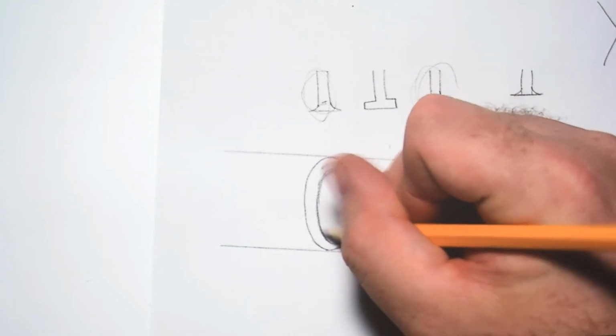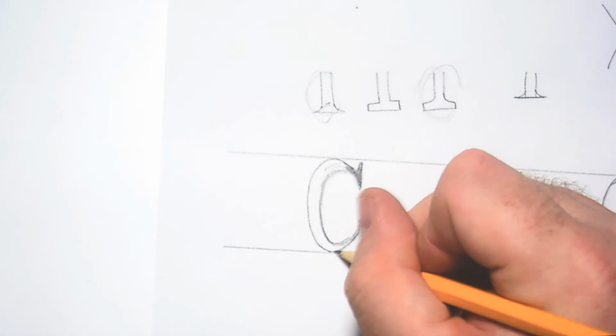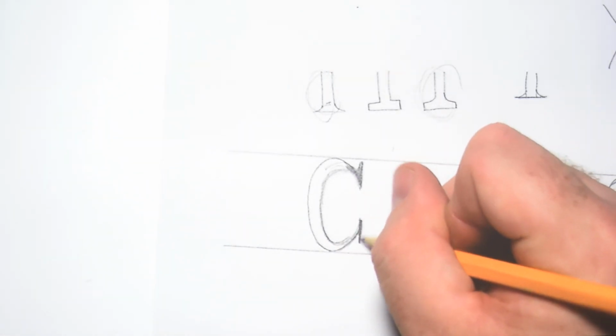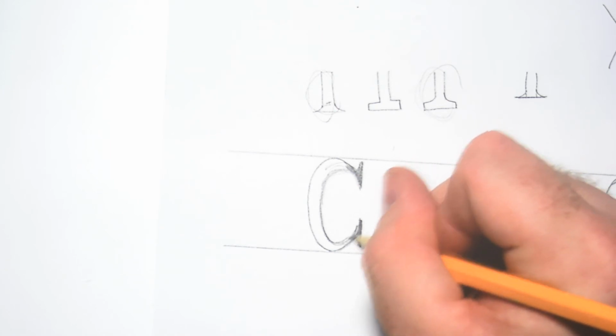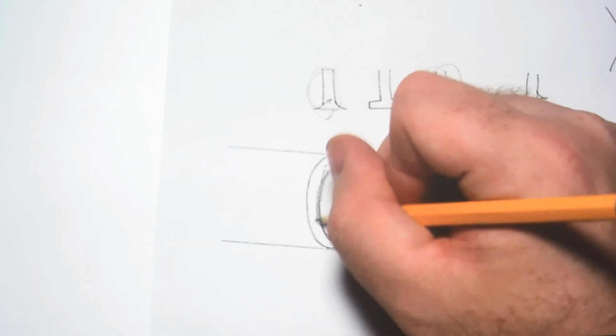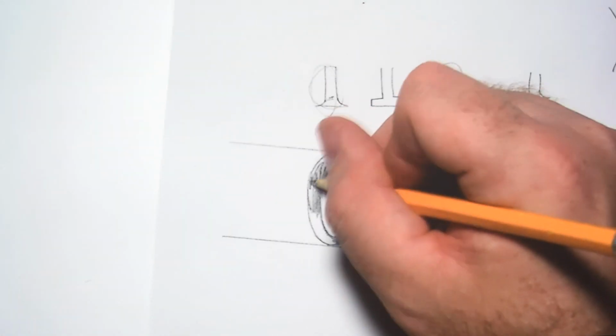It's 100% up to you. I usually tend to put it on both. I see people put it on only one side. I think it looks kind of weird. The only thing I would point out is that you have to be careful you don't accidentally make it look like a G. It's really a C.